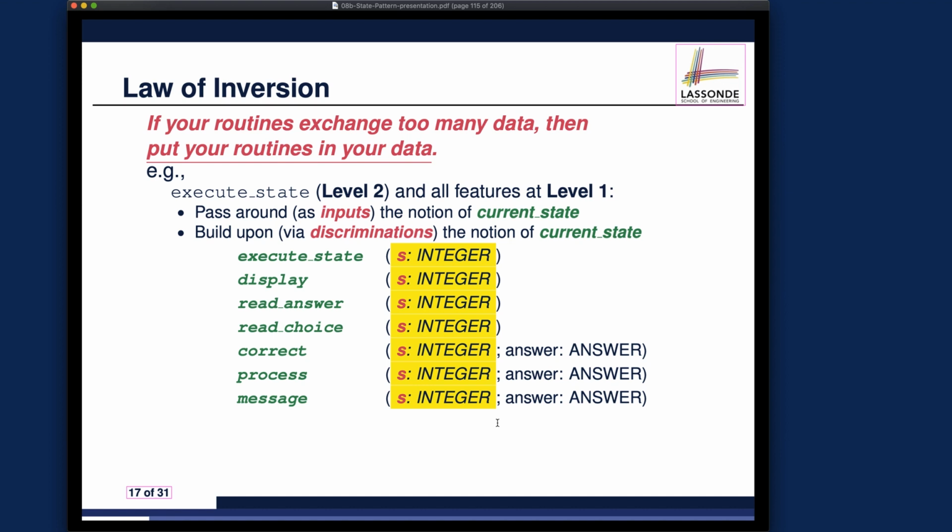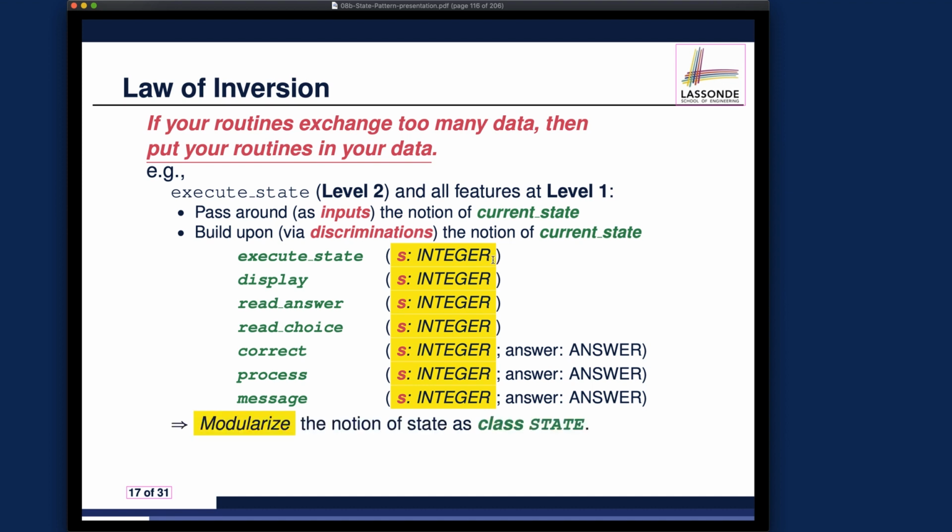But if we simply eliminate the current state as the integer value, what happens to these routines? How can they be executed? Okay, think about these as all the routines, right? We're going to put all these routines over here into a single data, a single module, and the module is going to represent a single state. That's something OO is very capable of doing. That's something we'll see in the next video.